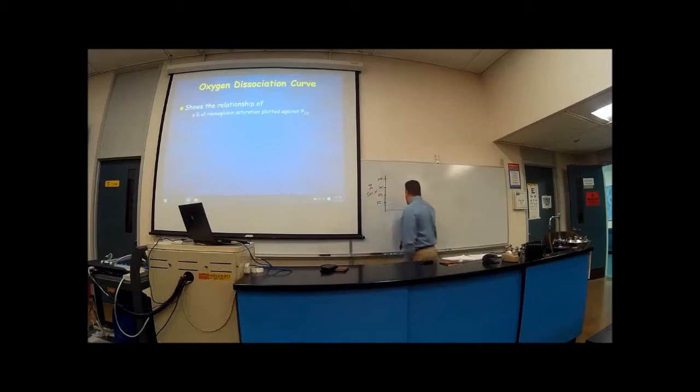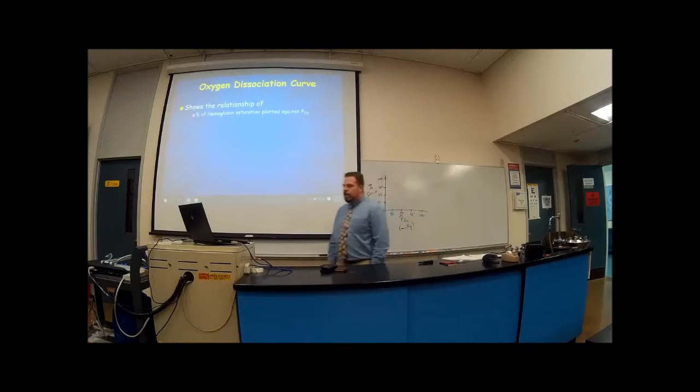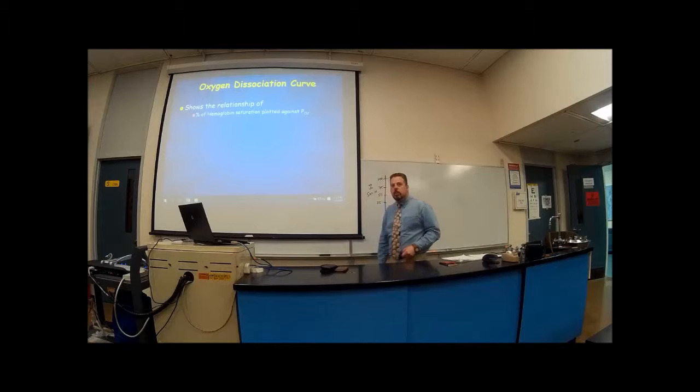And this will be the partial pressure of oxygen, which would be in millimeters of mercury. And we can still say 25, 50, 75, or 100 millimeters. All right? That's what this is, the oxygen dissociation curve.